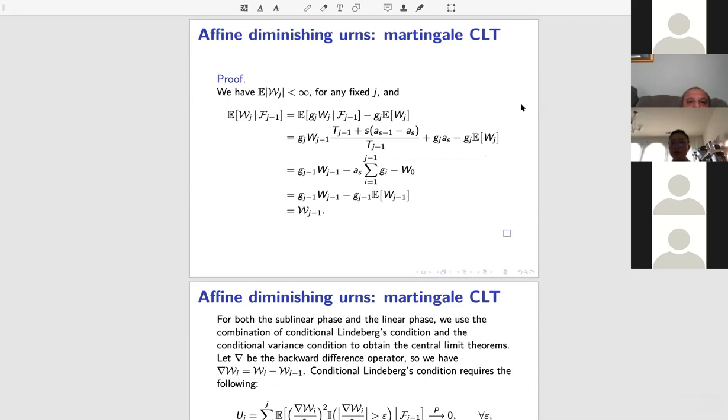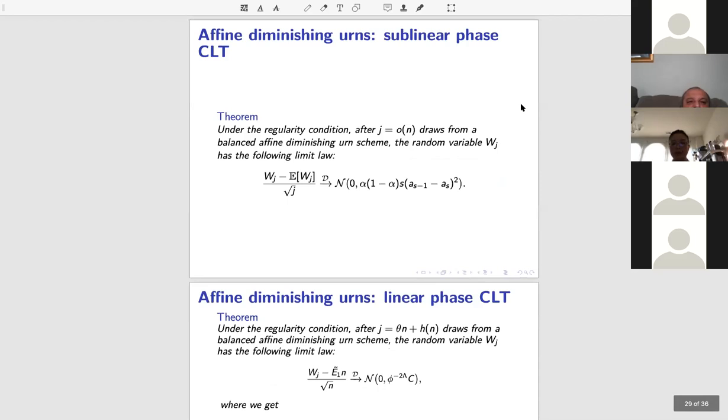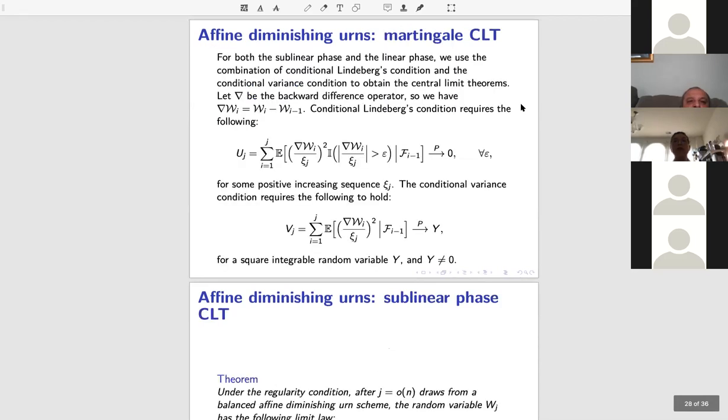With this centered martingale CalWJ, our next step is to prove the martingale central limit theorem by the combination of the conditional Lindeberg condition and the conditional variance condition.